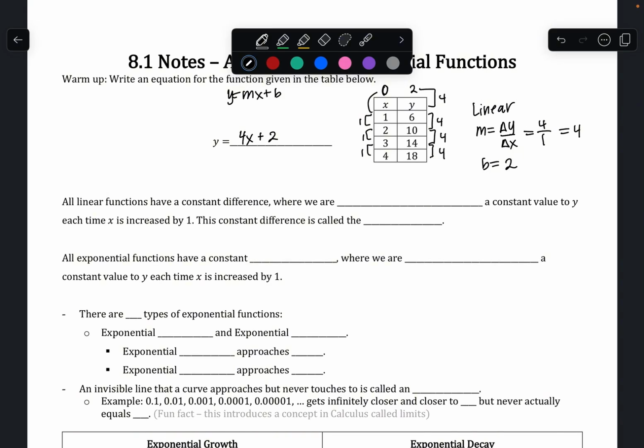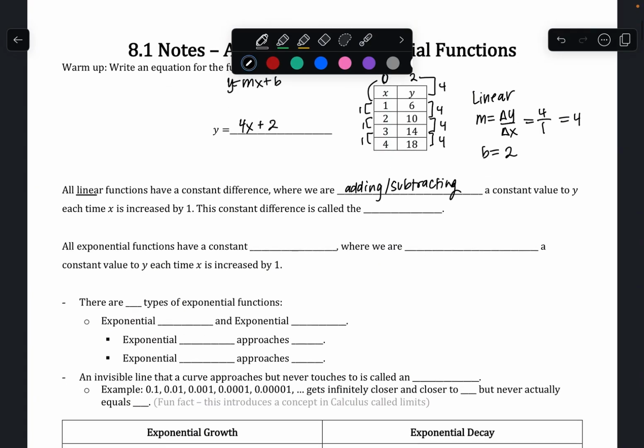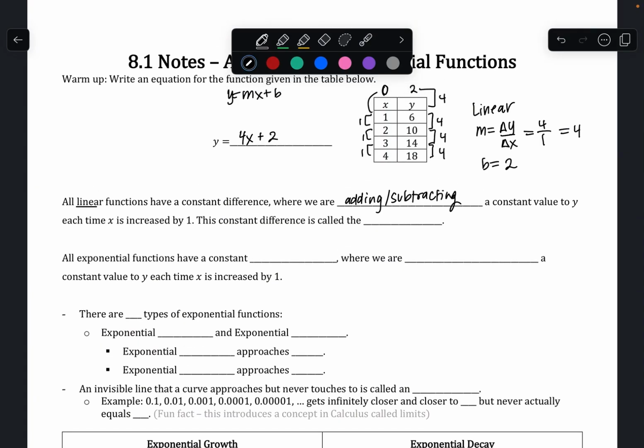Okay, so in general, we learned that all linear functions have a constant difference, which in this case we found is 4, where we are either adding or subtracting, which really is just adding a negative number, a constant value to y each time x is increased by 1. The constant difference is called the slope.